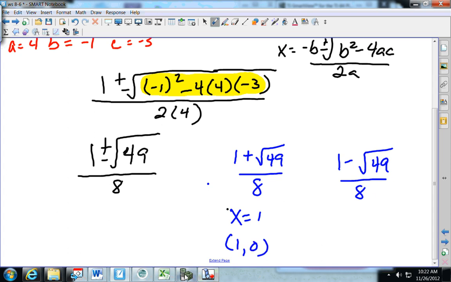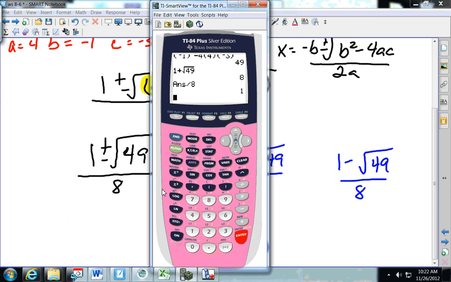The other one: 1 minus the square root of 49. Press enter. Divided by 8 gives me negative 0.75. Now, just to remind you, what if I wanted to change that to a fraction? How could I do that? What buttons?